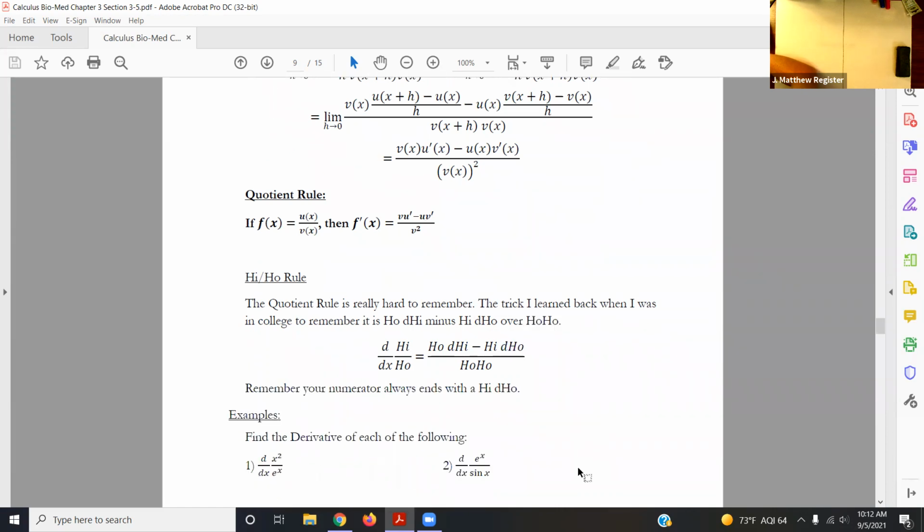Let's see if we can do these calculations. Neither one of these is that good because the derivative of e to the x is just e to the x. So let's do one that's a little different. Let's say that I want to find the derivative of x to the 15th over sine of x. There we go.